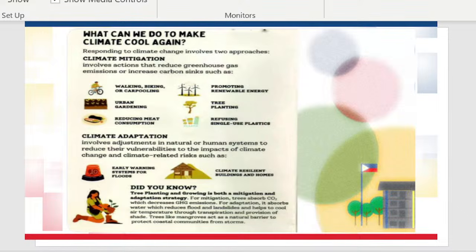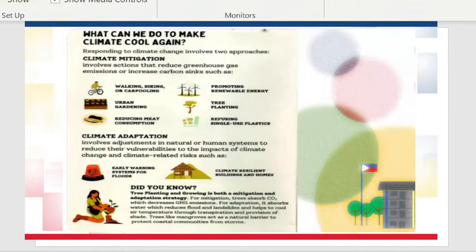So that's why we emphasize tree planting among our learners. For mitigation, trees absorb carbon dioxide, which decreases the greenhouse gas emissions. For adaptation, the trees absorb water, which reduces flood and landslide, and helps to cool air temperature through transpiration and provision of shade.